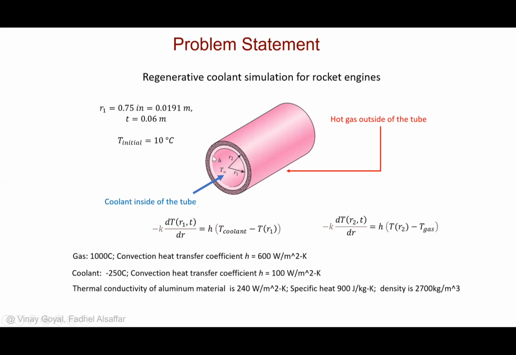In simulating it, we'll be doing it in 2 ways to see that the same problem can be done in 2 ways. We'll be using shell elements, since for this problem we're not interested in what's happening in the axial direction. We want to see what's happening through the thickness, how the temperature varies through the thickness for this thick cylinder.